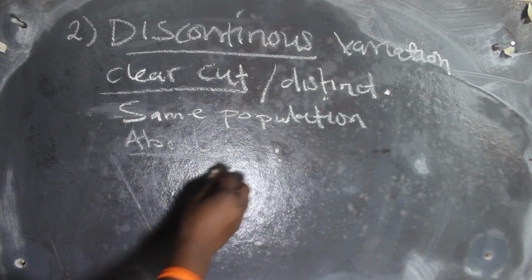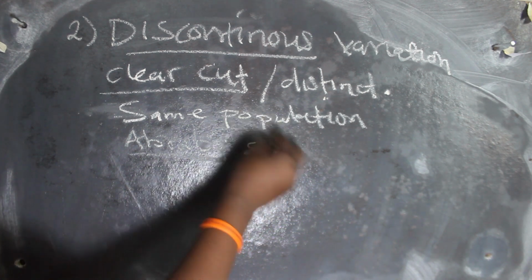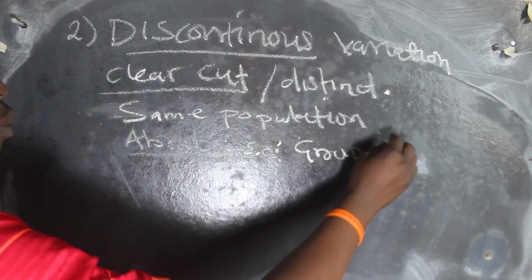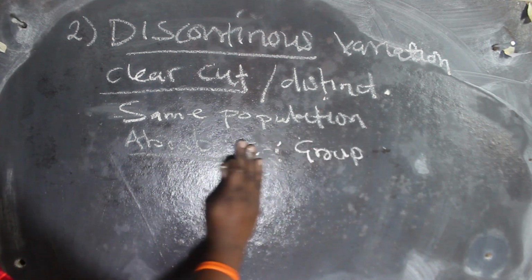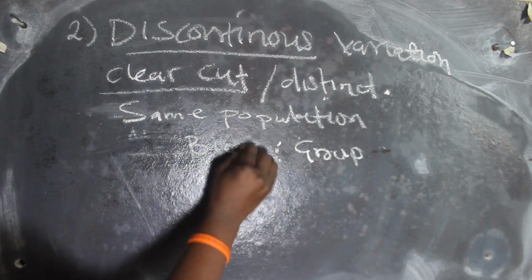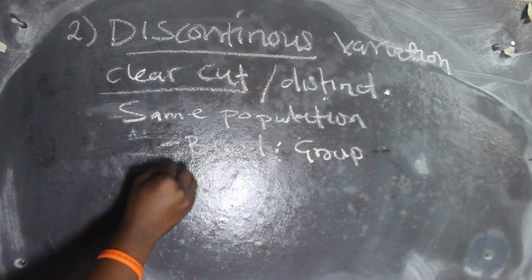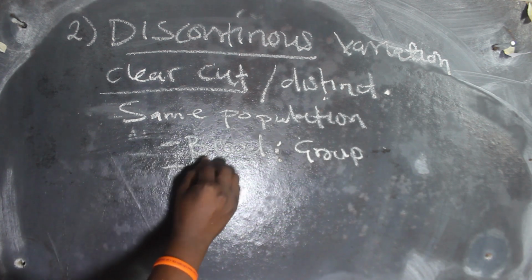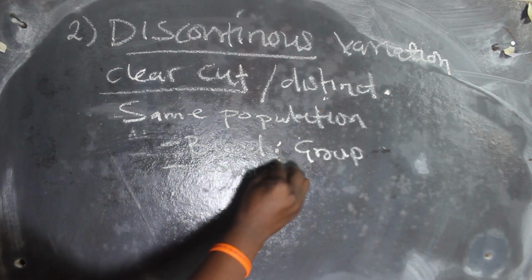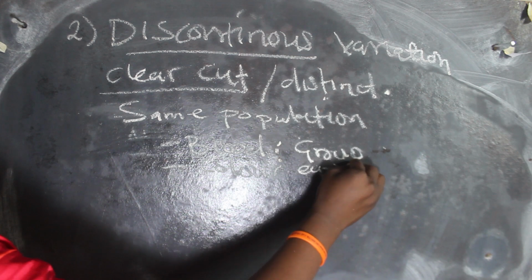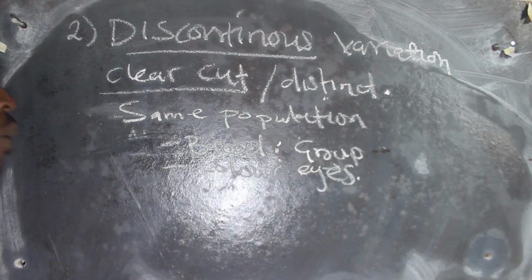An example of discontinuous variation is blood group. Another example can be the color of your eyes.